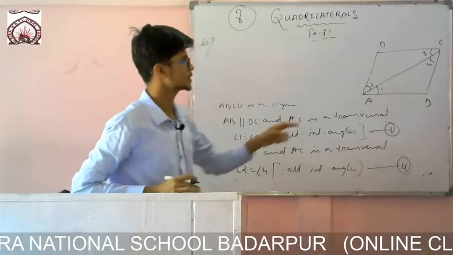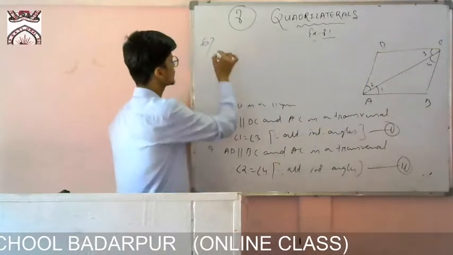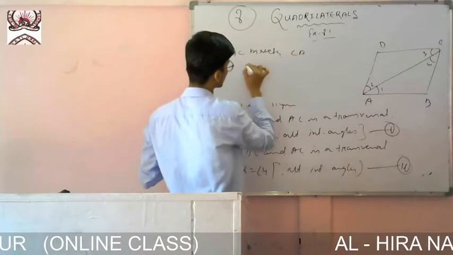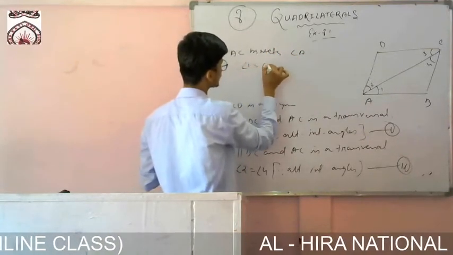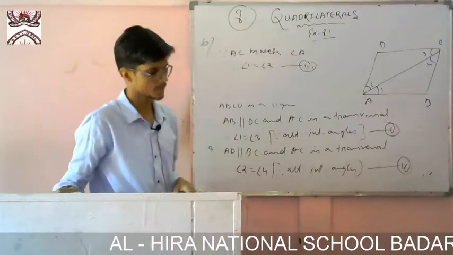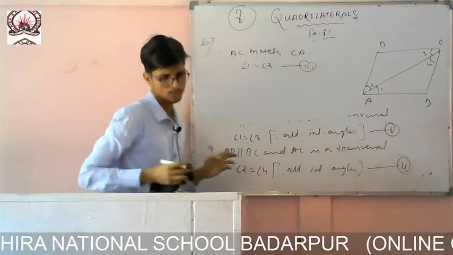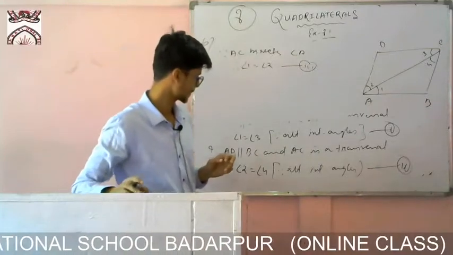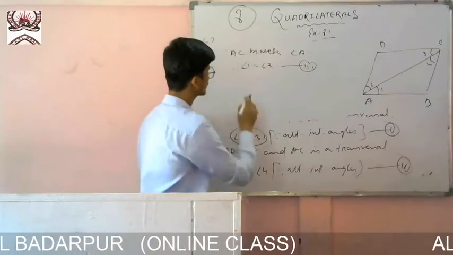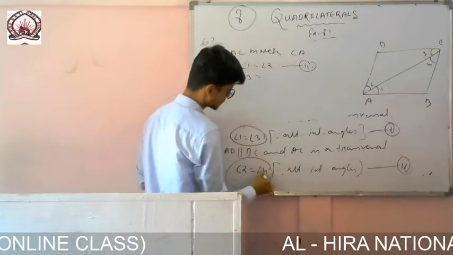But it is given in the question that AC bisects angle A, that means angle 1 is equal to angle 2. This one you give as equation number 3. Angle 1 means angle 3 and angle 2 means angle 4.